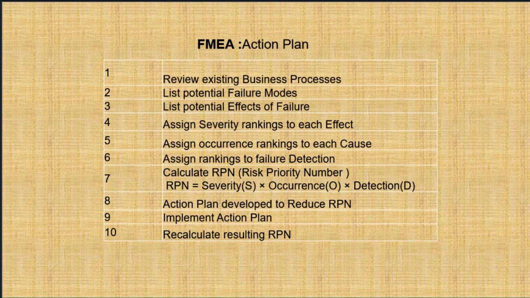We implement that particular plan. A period should be decided, and after that period we again analyze the calculation of this RPN value, whether I was able to minimize it. There is a possibility I might have missed a few important things, which is why I was not able to achieve my target.